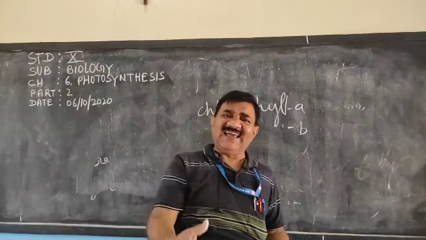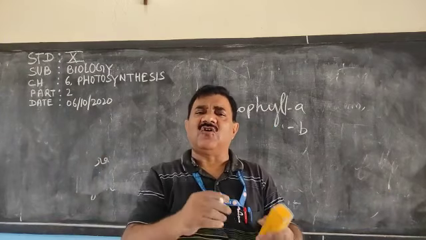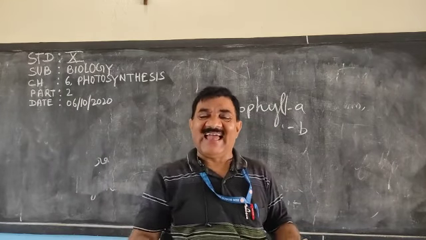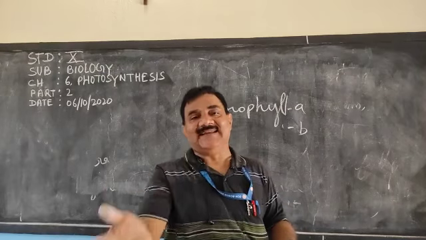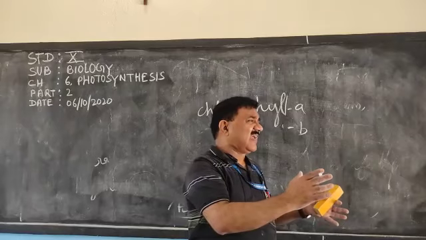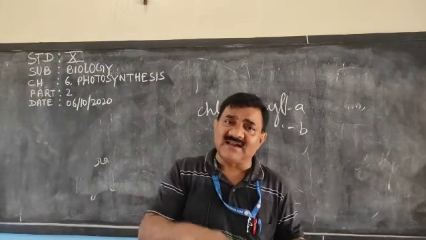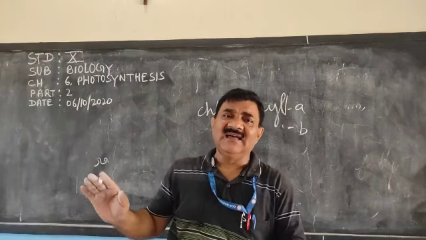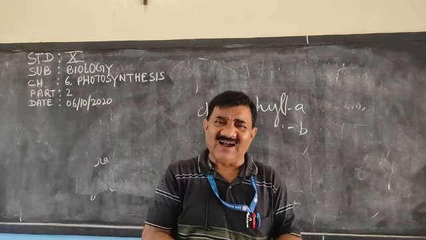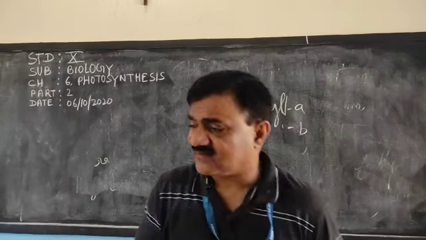And why does chlorophyll appear green? Because it absorbs all other light and reflects only the green color. Very clear? If anything appears red, it means it is absorbing other colors and reflecting the red color. How many colors are there, and where do these colors come from?